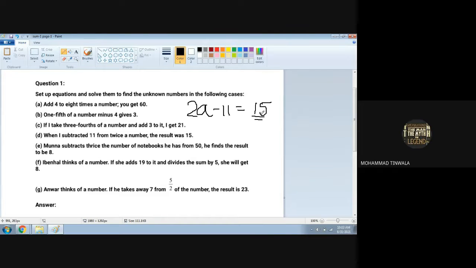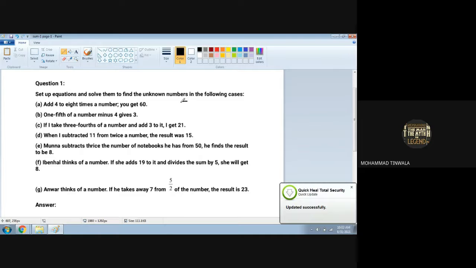Chalo, next. Munna subtracts thrice the number of notebooks he has from 50. He finds the result to be 8. So Munna subtracts thrice the number of notebooks. We don't know the number of notebooks. So total was 50.